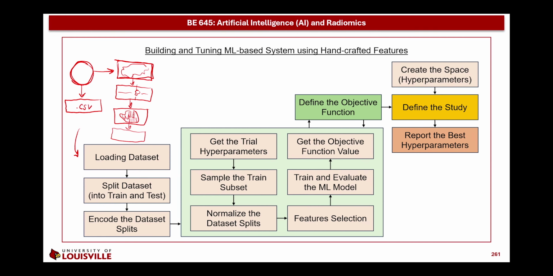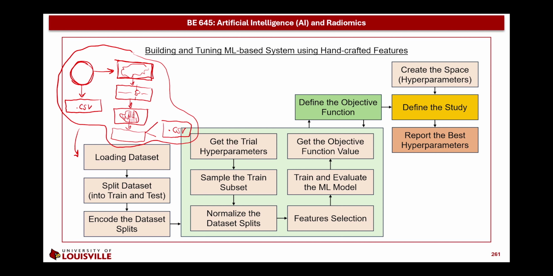So we could have two versions, one using the original ROI and another using the local binary pattern matrix. And all of these features are then stored in a CSV file or a file that can be used later in our machine learning. So this whole process is called handcrafted features extraction.